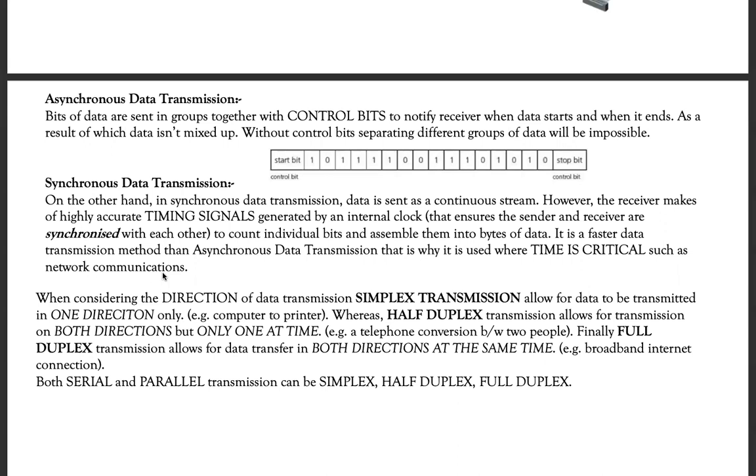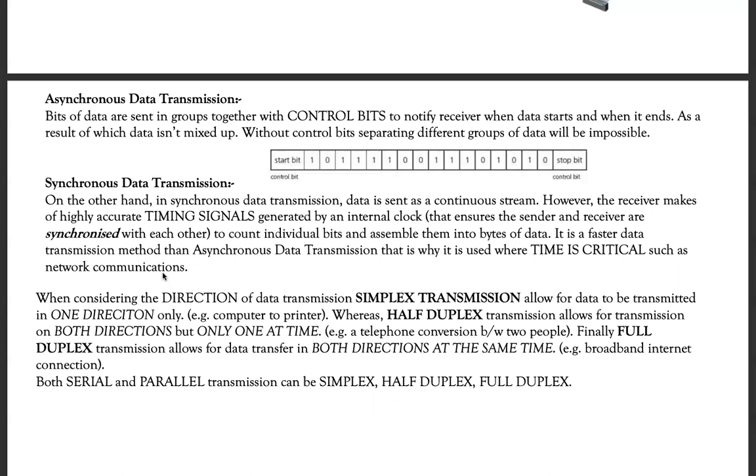So if, for example, the Word file is arriving, when it's finished, the control bit will identify that the Word file is finished and everything following is not linked with the Word file; it is a separate file. And when the PDF file finishes, it will also be marked by a control bit, and that control bit will tell my receiving device that every bit following is a separate piece of data.